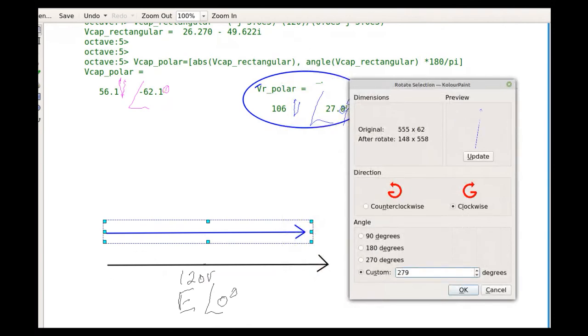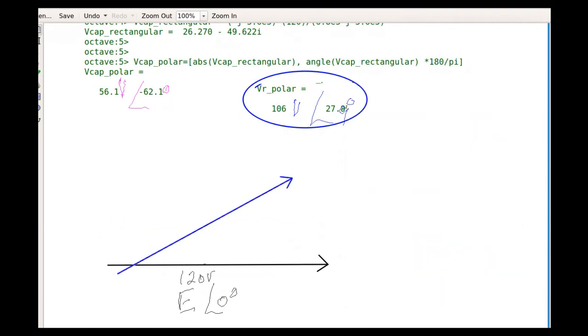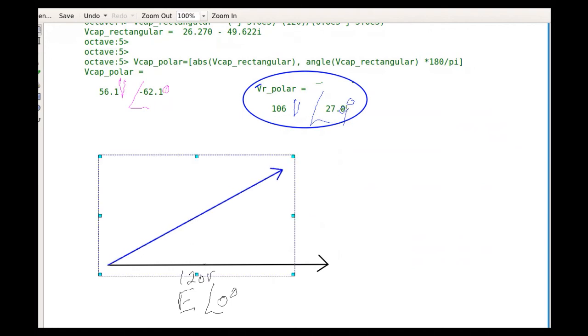Okay, 27.9. It won't let me do that, so I'll just round up to 28. Okay, so there's my 28. So this then is my V polar.